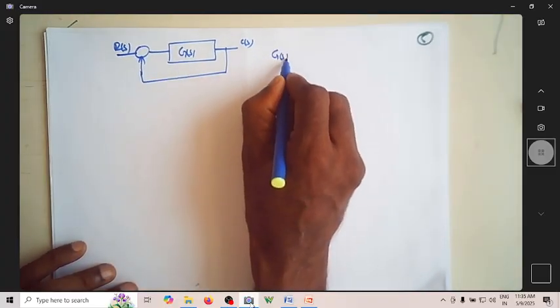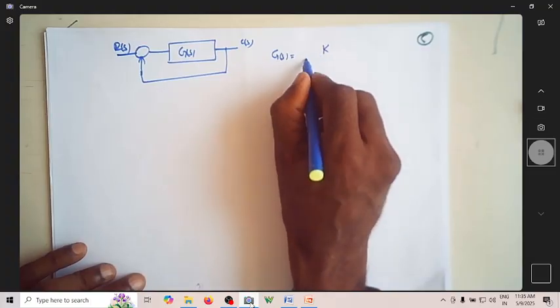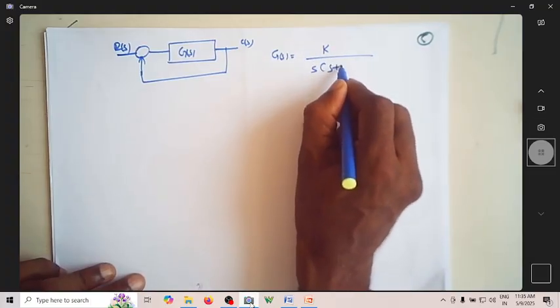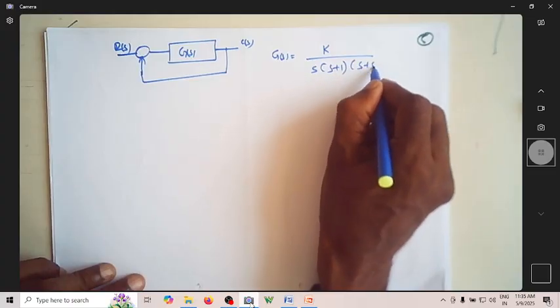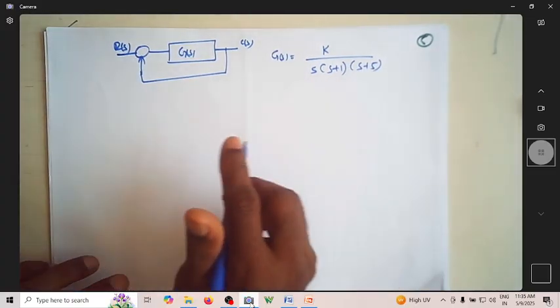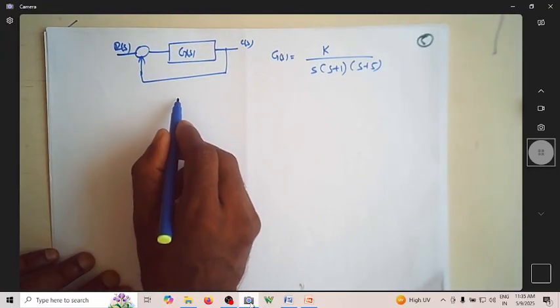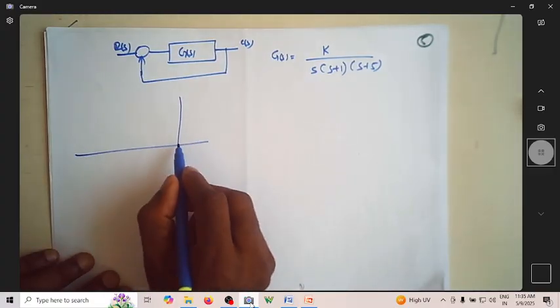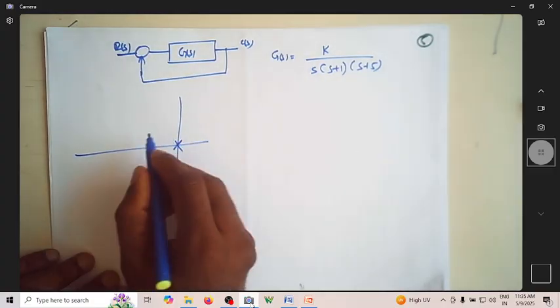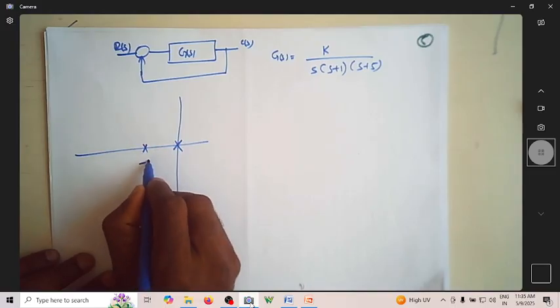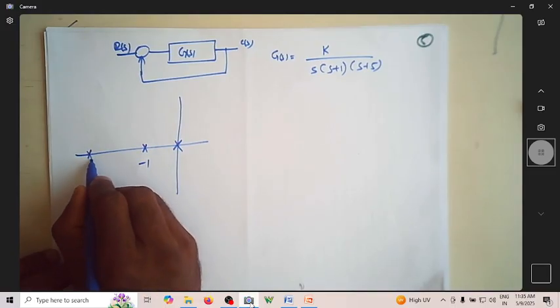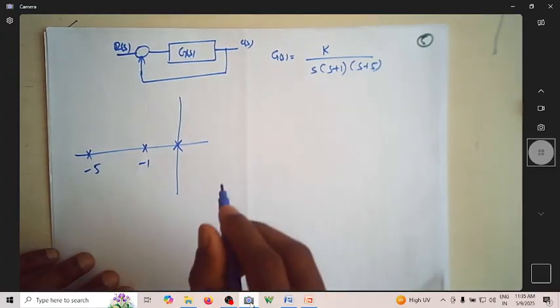Let us consider G(s) as K by s into (s plus 1) into (s plus 5). Now if I locate the open loop poles of this system, it has a pole at origin, a pole at -1, and a pole at -5.